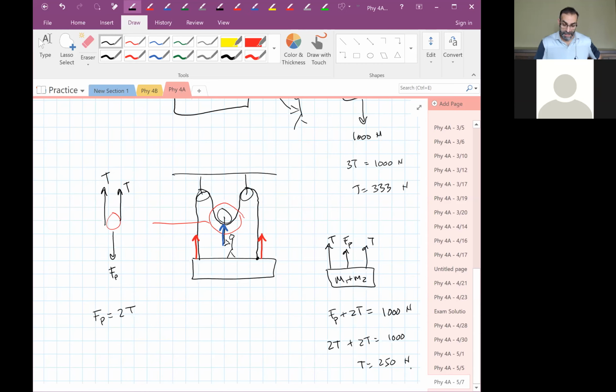All right, so if you break it up, well, it's the person and the block, we're treating the person plus the block, right? M1 plus M2. Person plus block is one big thing. Right?